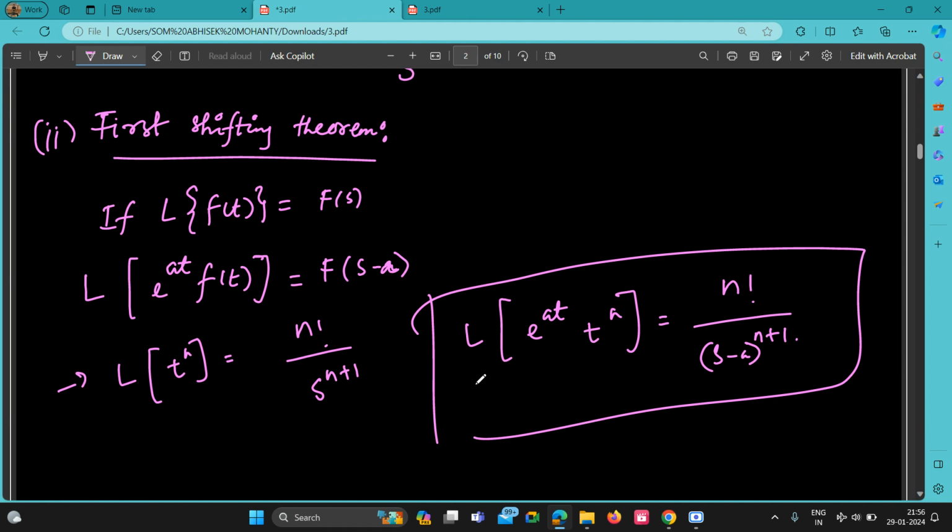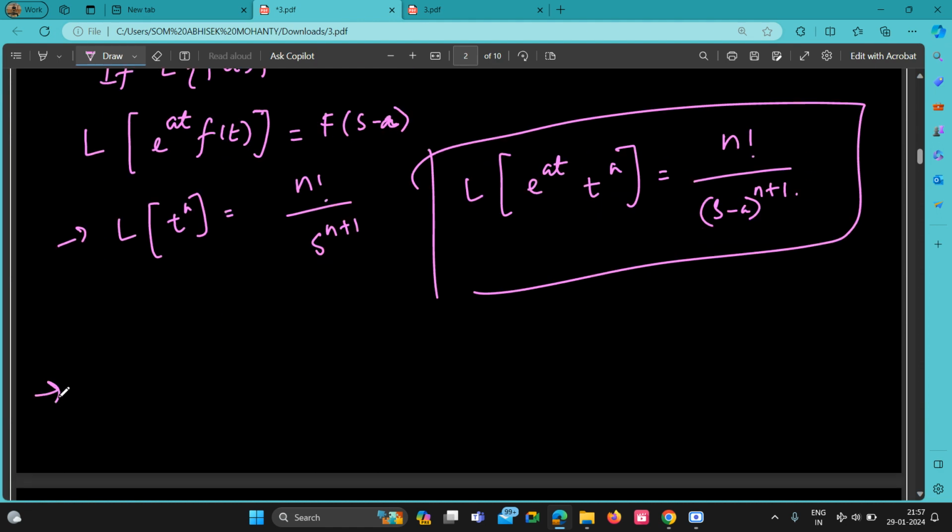Got it? So if I use it everywhere, L of e to the power at sin bt, suppose, what is the Laplace of sin bt?